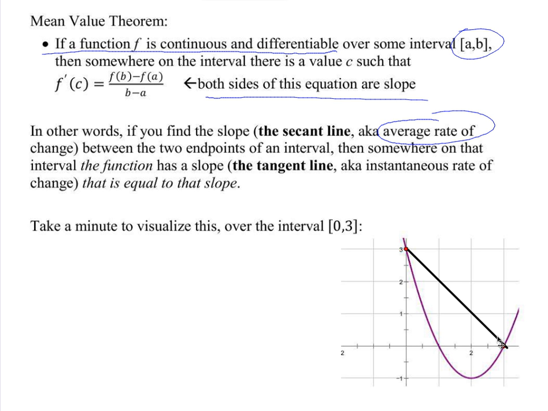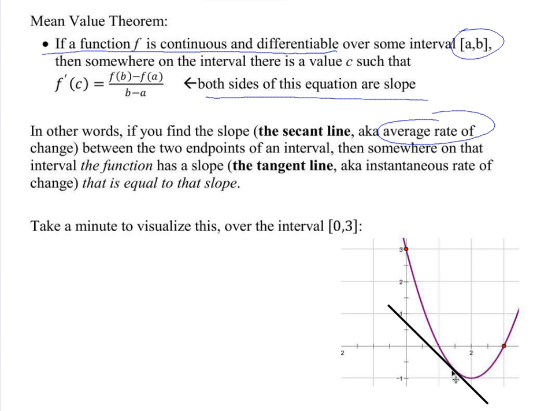So if I take this secant line right here and I just move it down, you can kind of tell that eventually we'll get a tangent line. So on this particular curve, this point right here has the same slope as the slope of the secant line up here. So whatever this number is right here, this x-coordinate, whatever it is, that would be the C that gives you that situation.